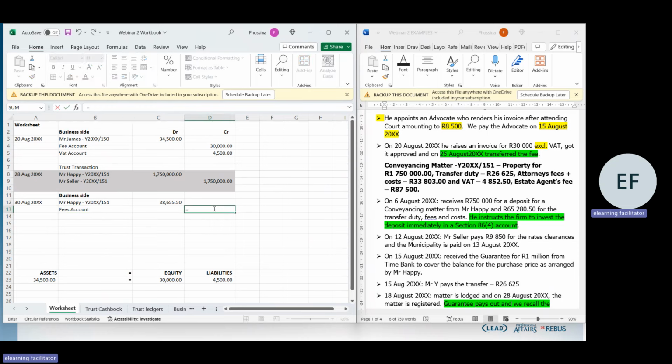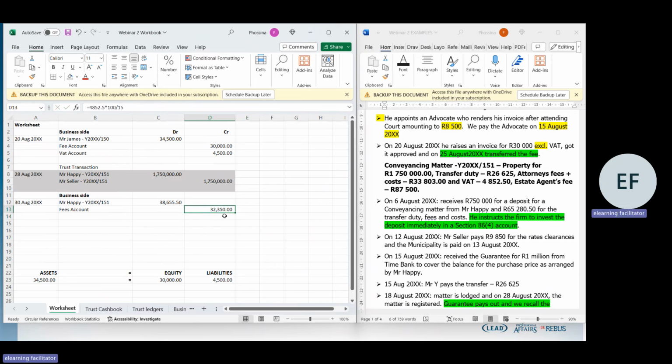We are given the VAT. Most of these disbursements are on behalf of our client, so they do not attract VAT. But the VAT that is paid is for our fee, and it's 4852.50. So we want to determine our fee excluding VAT. You should go back to the layout that I gave last week.